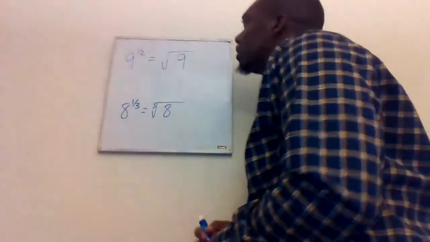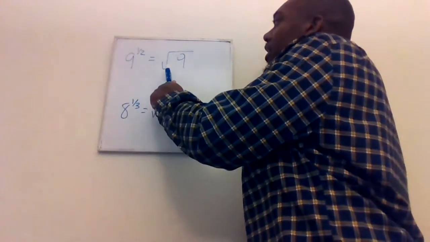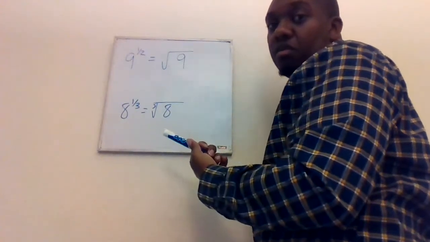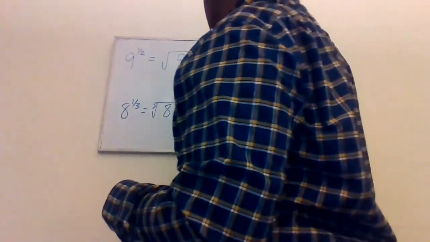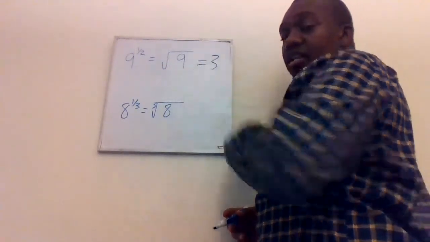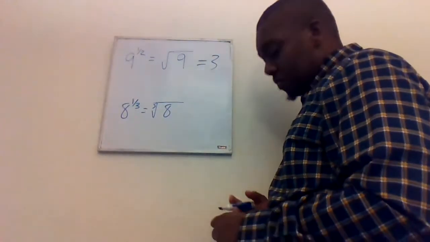Well, what happens if you were to square a square root? We know that the square root of 9 is 3, because 3 squared is 9, right? Okay.